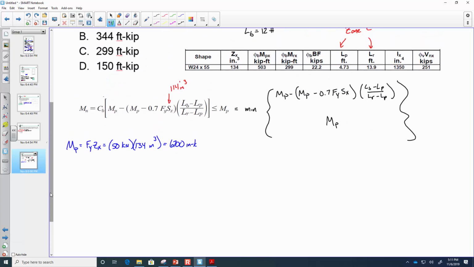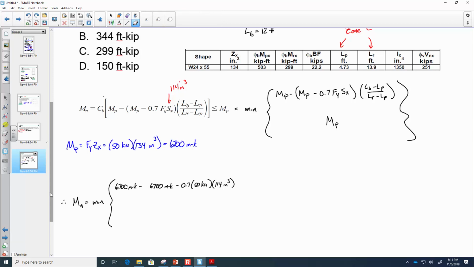Yeah. So therefore, I'm getting a little sloppy here. Let me sort of clean this up. Therefore, MN is the minimum of, oh, I forgot my CB up here. Well, CB is 1, so it doesn't really matter. So MP is 6,700 inch kips, minus 6,700 inch kips minus 0.7 times 50 KSI times 114 cubic inches.